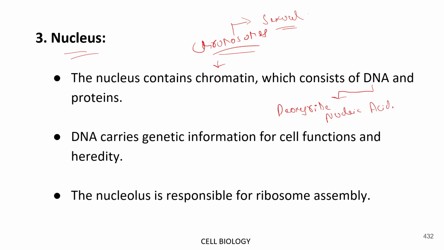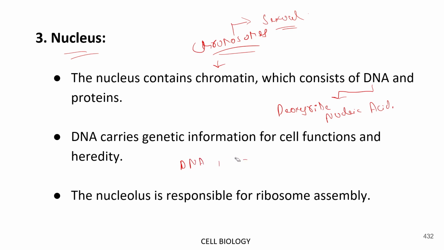DNA carries genetic information for cell functions and heredity. I will tell you about DNA when we discuss sexual reproduction. Okay, the nucleus is responsible for ribosome assembly. So there are basically two forms, DNA and RNA.